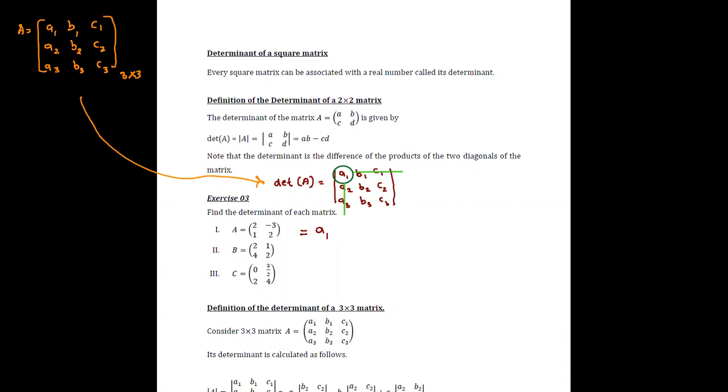Then we can see the remaining elements. We have already selected A1, and now we have cut down the first row and first column. If you write down the remaining elements inside the modulus notation, we can see that B2 is here, C2 is here, B3 and C3.